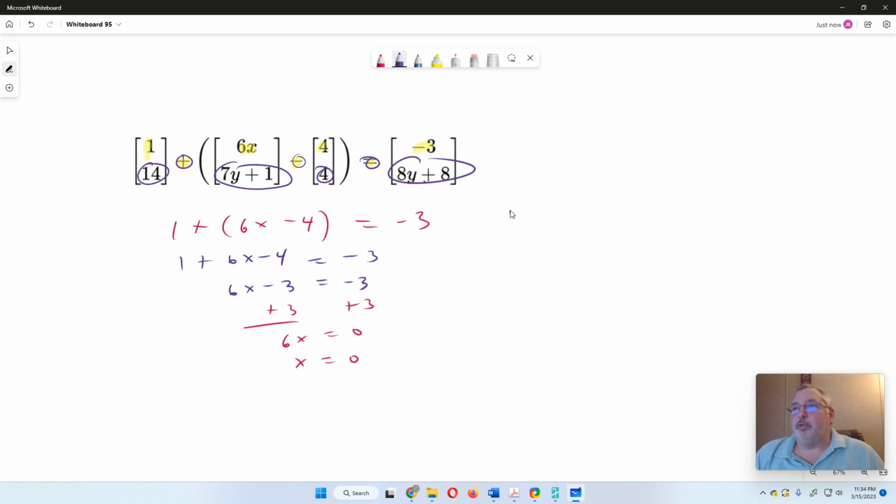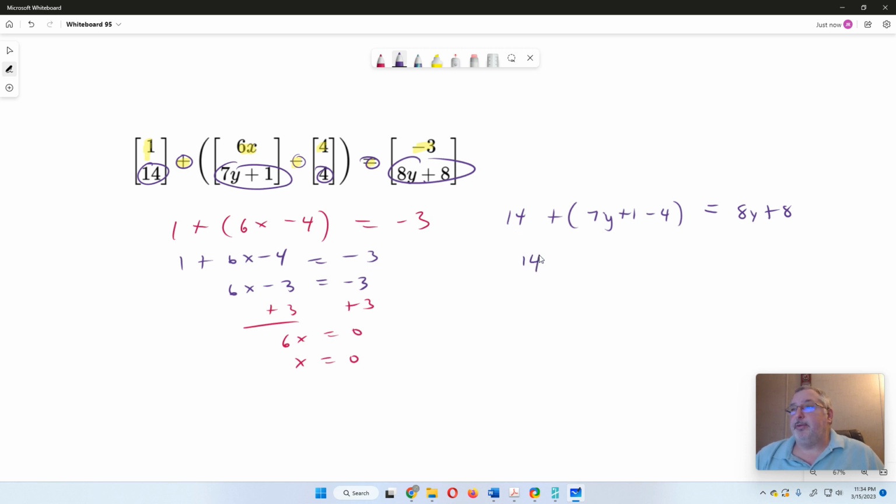So we write that down. 14 plus parentheses 7y plus 1. 7y, not x. Minus 4 equals 8y plus 8.